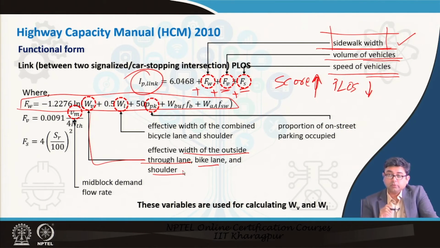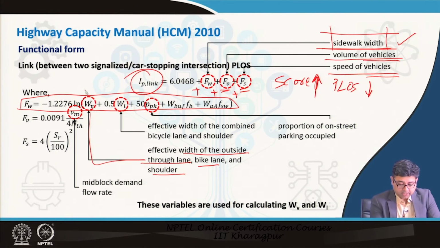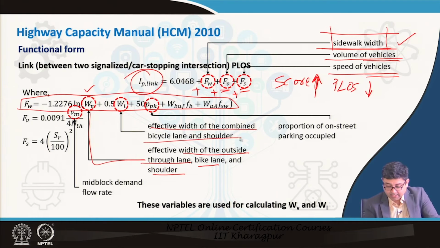We will tell you in a diagram in the coming slides what we mean by the outside through lane, bike lane, and shoulder, but we are calculating the effective width based on the outside traffic lane, not the ones inside. Inside meaning the traffic lanes closer to the median, outside meaning the traffic lane closer to the footpath. Then you have to have the effective width of the combined bicycle lane and shoulder.